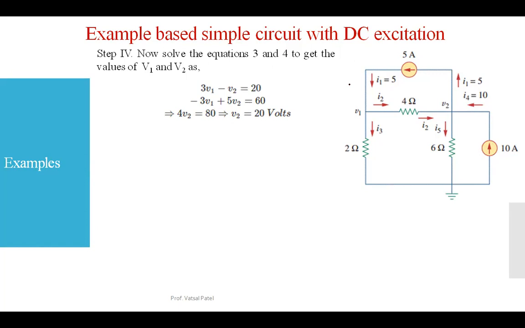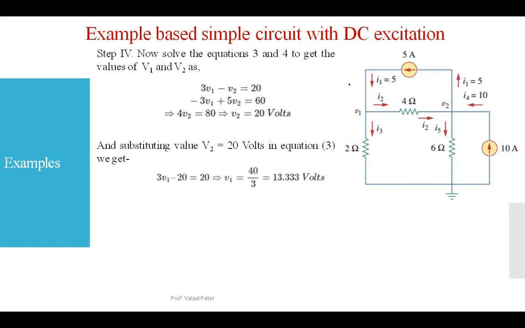Can you tell me? So it is 40 by 3 for V1. After putting V2 in one of the equations, can you identify that V1 is equal to 40 by 3? Yes or no?